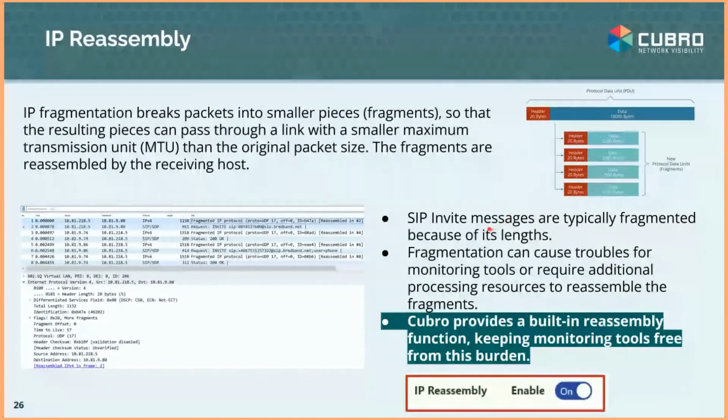We have seen this, for example, with voice over IP, where we have the SIP invite message. A SIP invite message can be very, very long. It's like a cookbook, everything is written in a SIP invite, but then the packet becomes very big. So fragmentation could also happen on the network side. It's fragmented, but the analyzer getting all these fragments cannot cope with it.